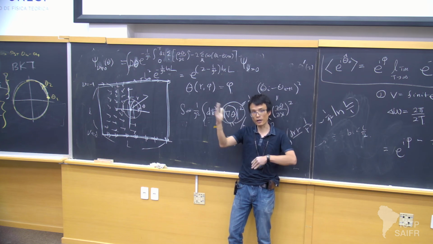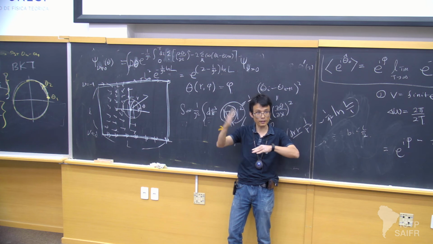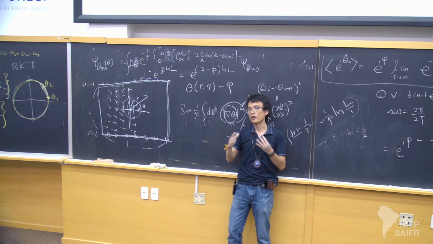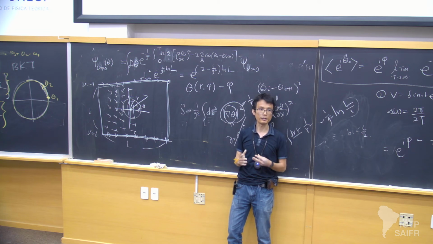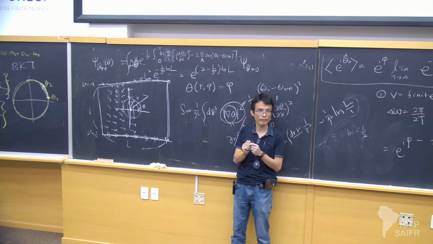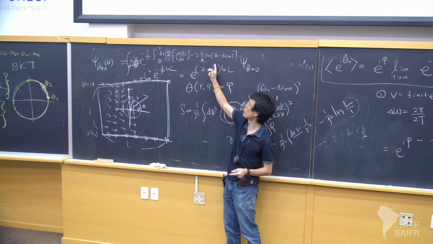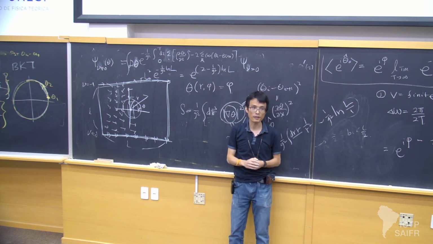That means there's a lot of tunneling between different topological sectors. In that case, information about the topological invariant is lost in the ground state, and we say there's no topological order. So there must be a phase transition around the value where this vanishes.